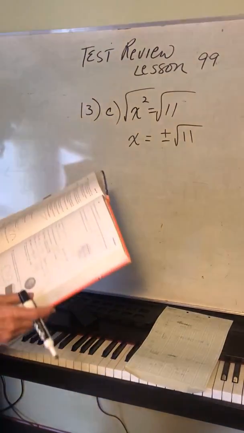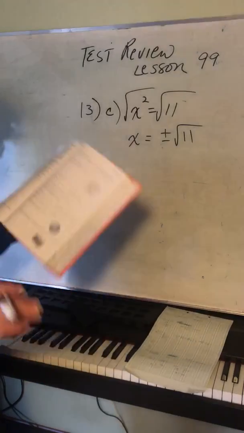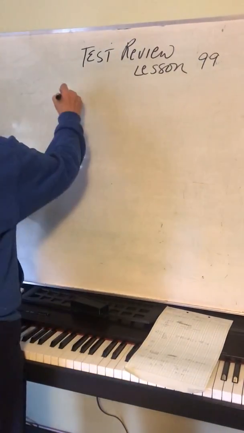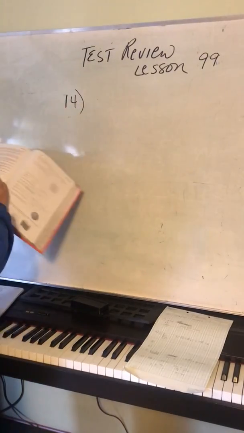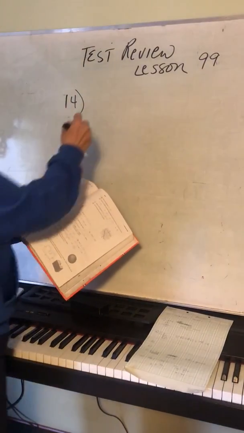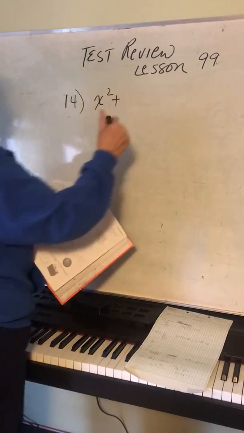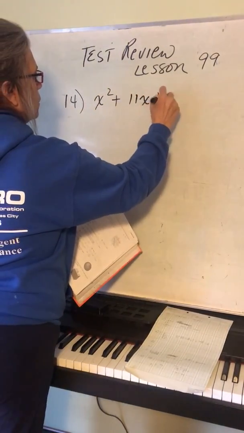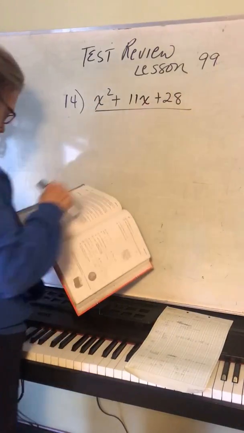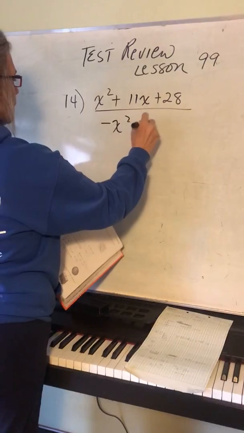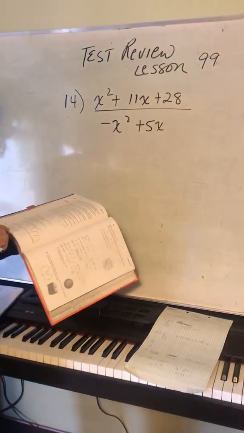Okay, the next one I'm going to do is number 14. And 14 is x squared plus 11x plus 28 divided by negative x squared plus 5x.